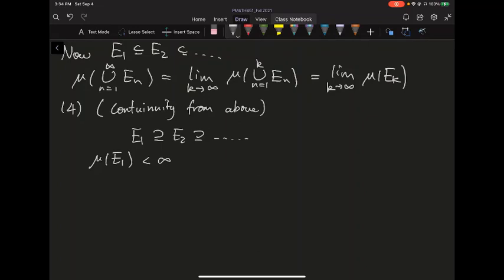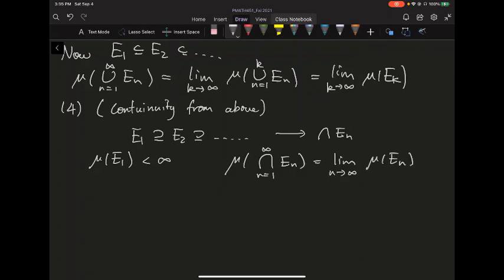Then what we can conclude is that if I consider their intersection, it's more like the limit of this decreasing chain. If you take the intersection of all these En, then the measure is going to be equal to the limit when n goes to infinity of mu of En.